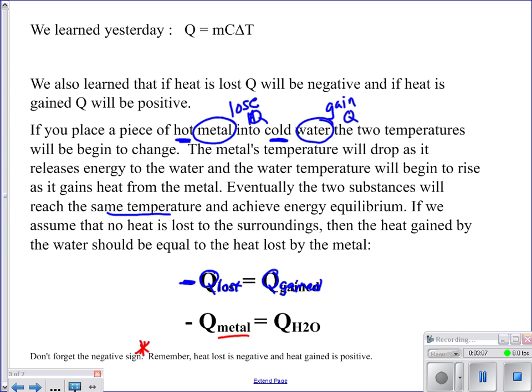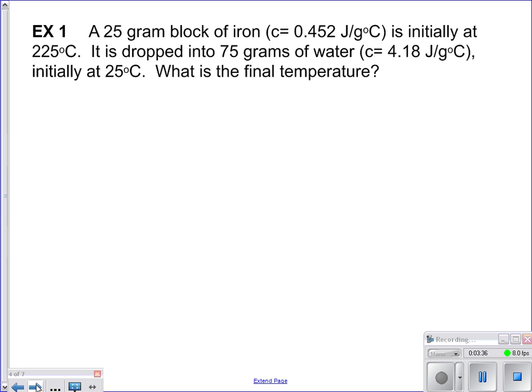In most of these situations where we're working with a metal and water, the metal is the one that starts off hot, so that's the one losing heat energy, and the water is what gains it. So when we set this up, we say mc delta T of the substance that loses the heat is equal to the mc delta T of the substance that gains the heat. It all becomes one big algebra problem.